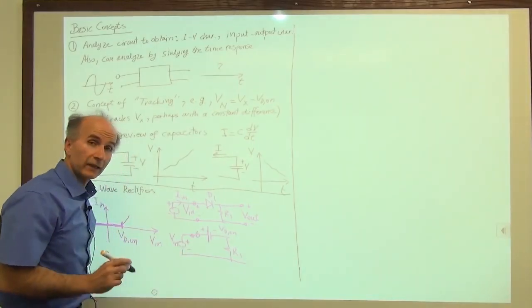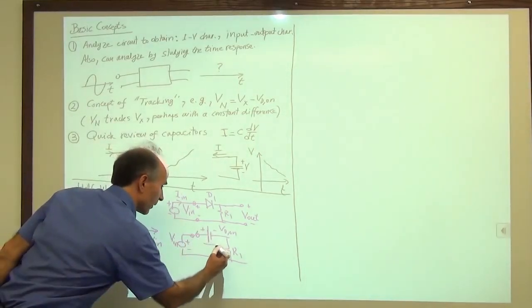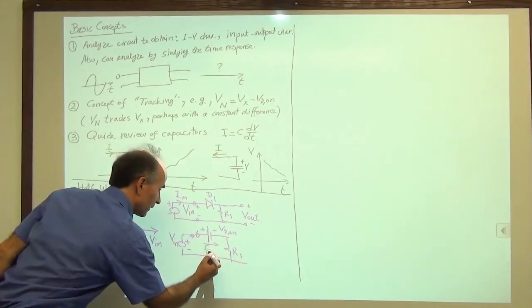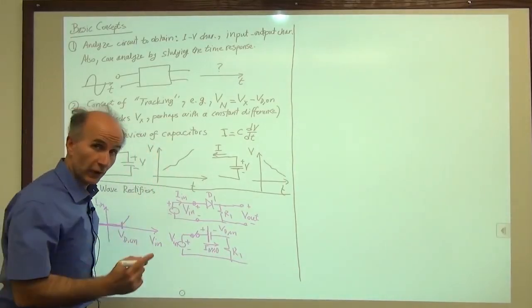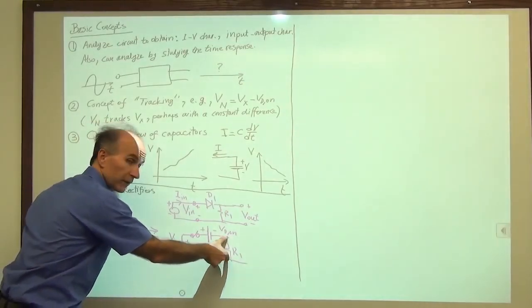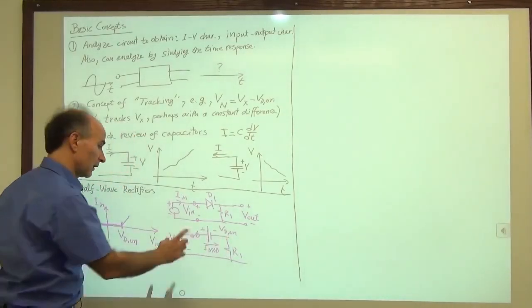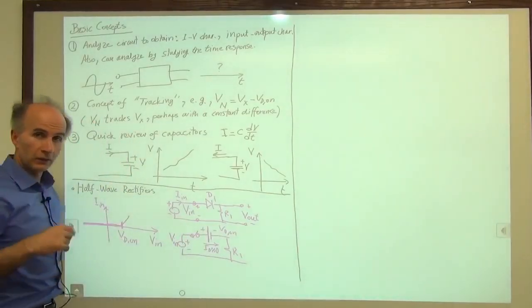So the point is that when the diode is about to turn on, this current is very small. So we say ID is close to 0 because the diode is about to turn on. And because ID multiplied by R1 gives us this voltage, it is also very small. Therefore, this voltage is equal to this voltage. That is the voltage necessary to turn on the diode.